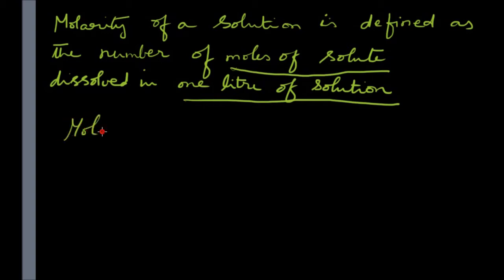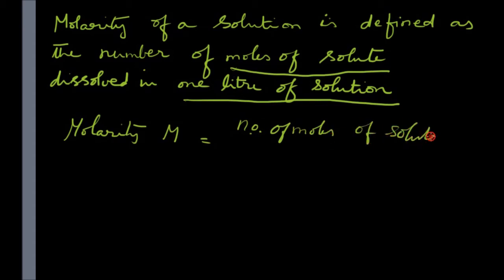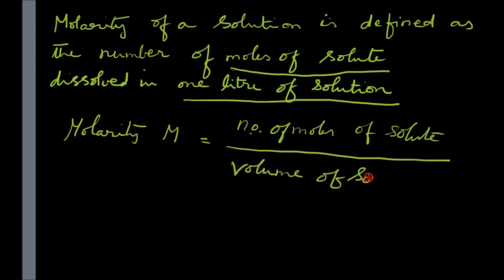Molarity, which is normally denoted by capital M, is given by number of moles of solute by volume of solution in liters. For number of moles of solute, we can write n, and we will write V in liters.